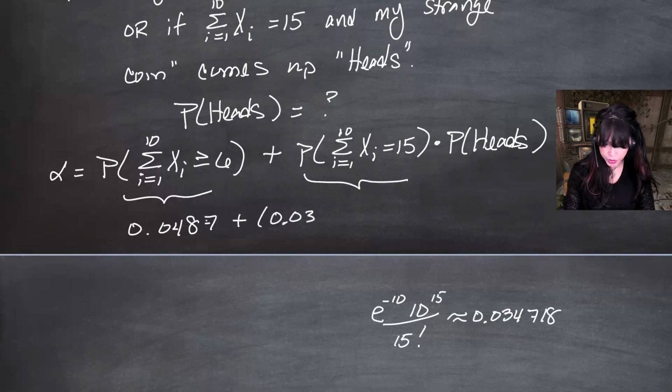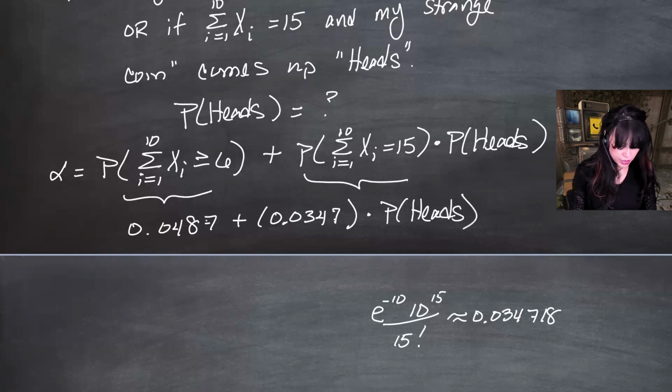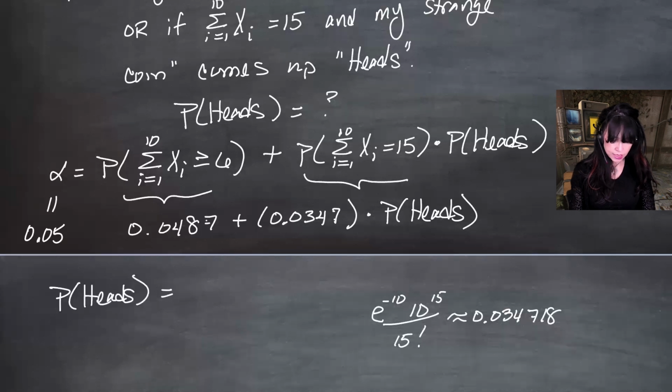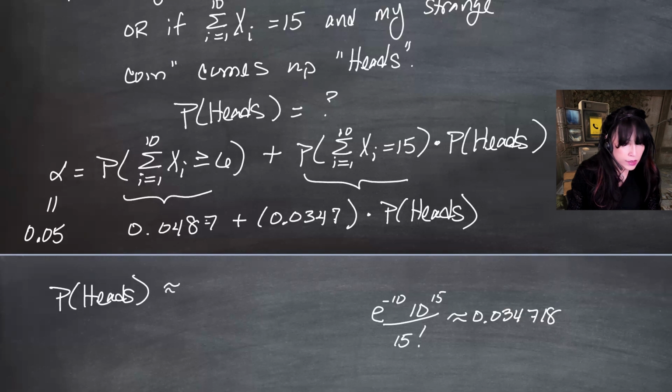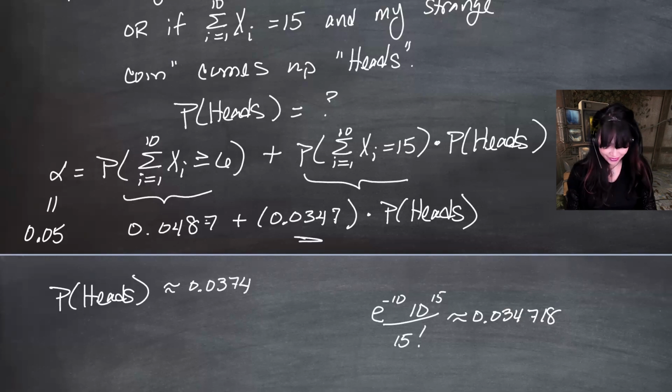When I actually do these computations, I would worry about significant digits and stuff, and I would keep everything exact until I can't anymore. But times the probability of getting heads. And this is 0.05. So if you solve this for the probability of getting heads, this must be approximately 0.0374. Looks a lot like this number, but not.